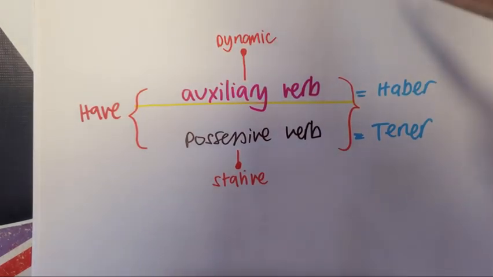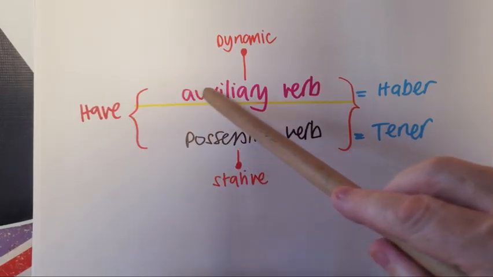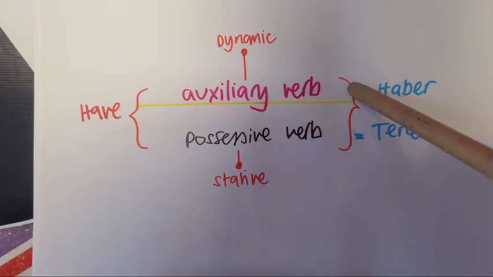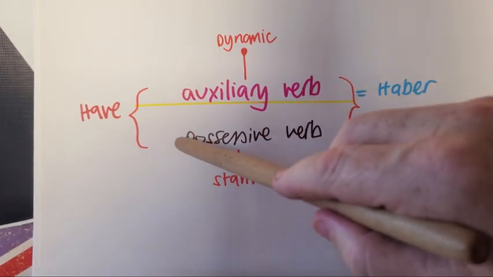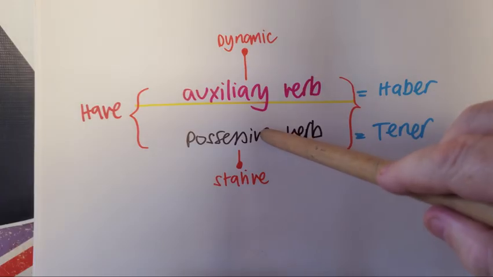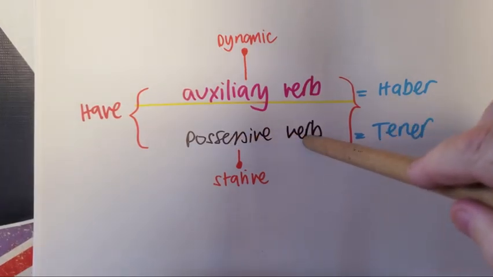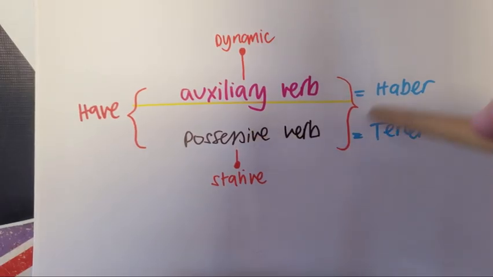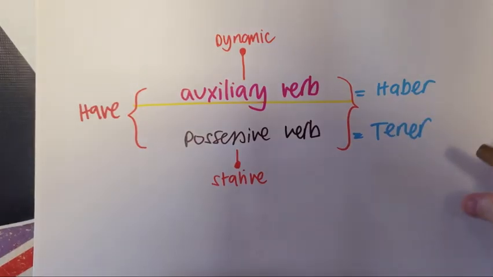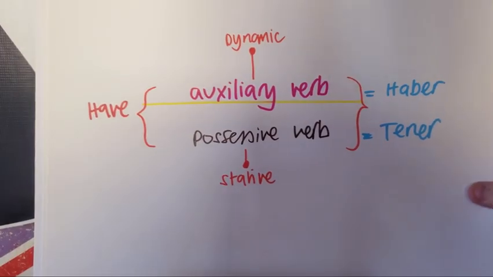So as I said, when have is used with an auxiliary verb, as in I have eaten, we use haber. Yo he comido. And when we use it in terms of a possessive verb, possessing an object, we use tener. Strictly, that's the stative.